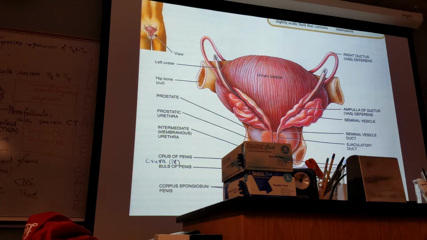You can see the accessory sex glands, male sex glands: paired seminal vesicles, this prostate gland, and paired bulbourethral glands.